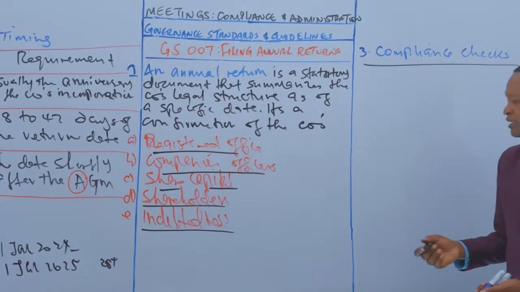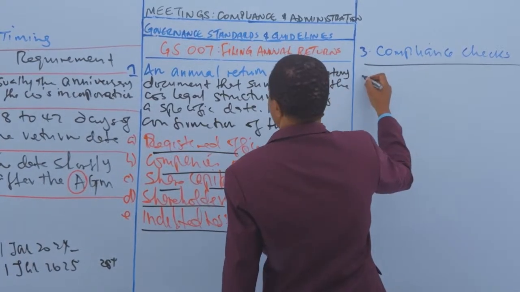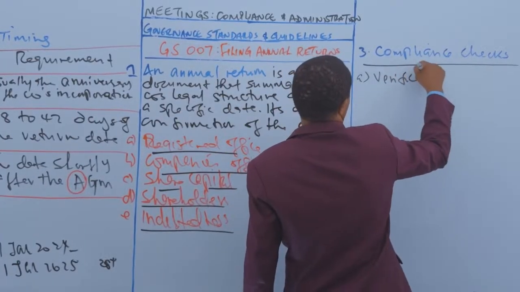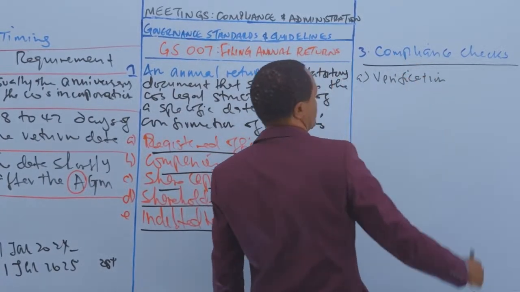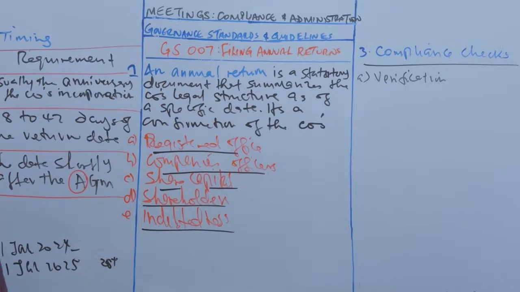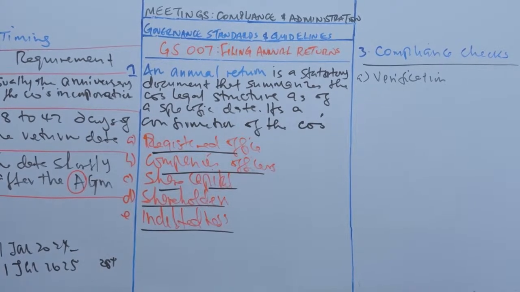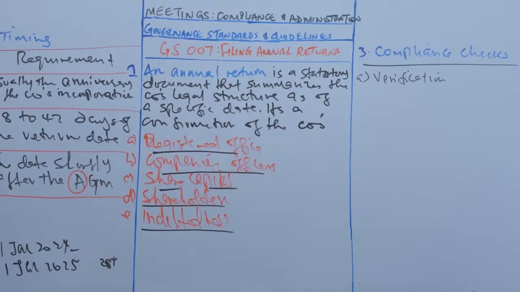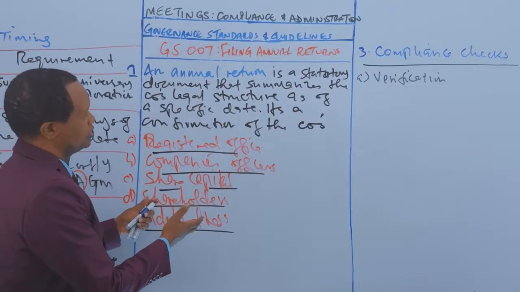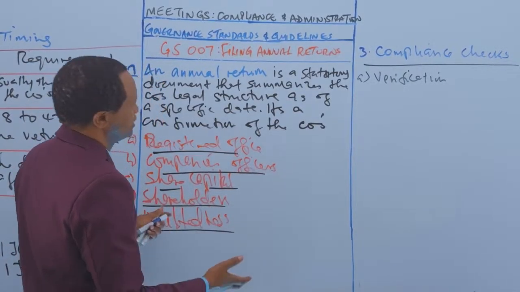The first step is verification. This is to ensure that information in the return matches the internal statutory records, because what is filed is just information in the statutory records.